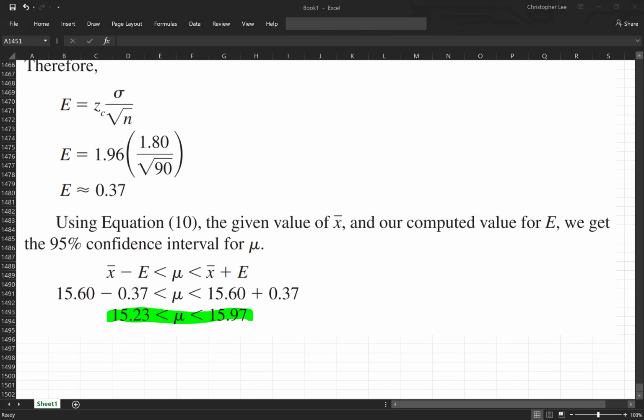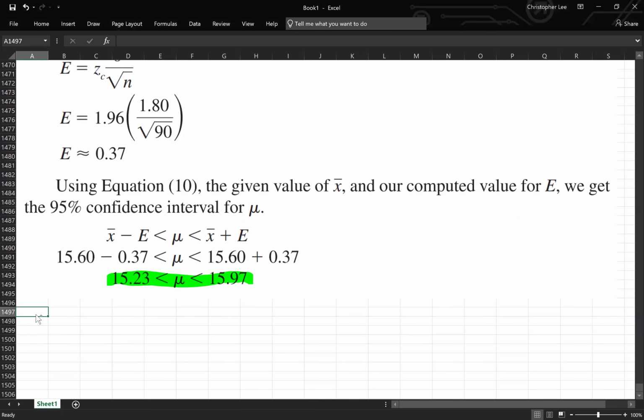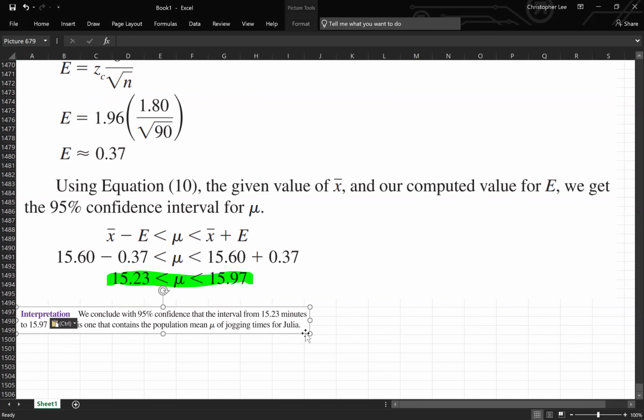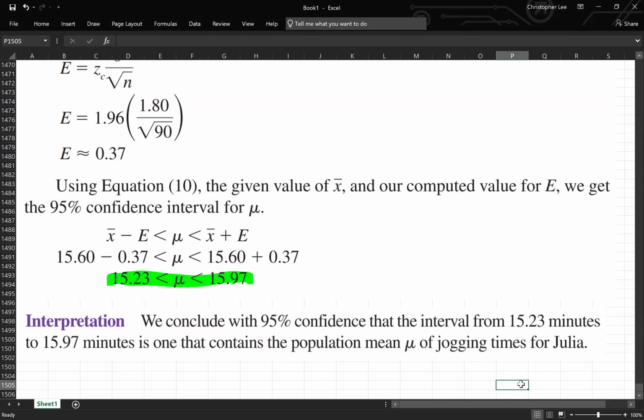All right. I do want you guys to understand it though. So let me interpret this a little bit. So we conclude with a 95% level of confidence that the interval from 15.23 minutes to 15.97 minutes is one that contains the population mean mu of the jogging times for Julia.